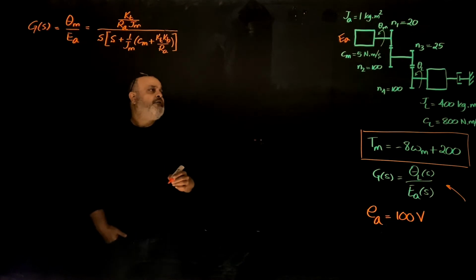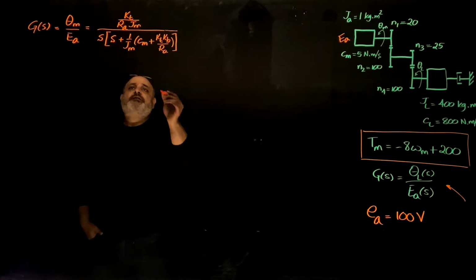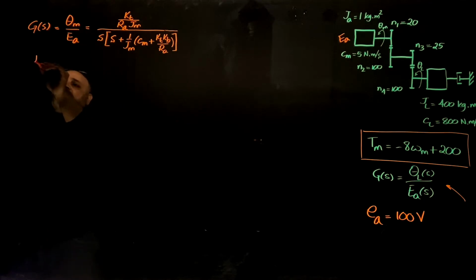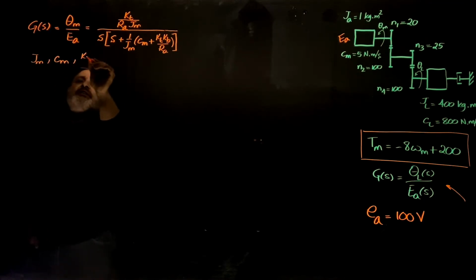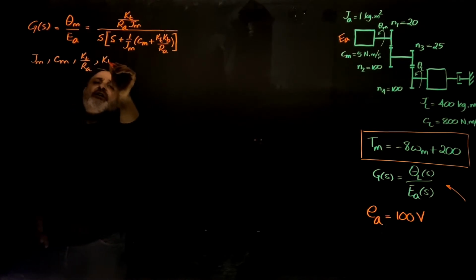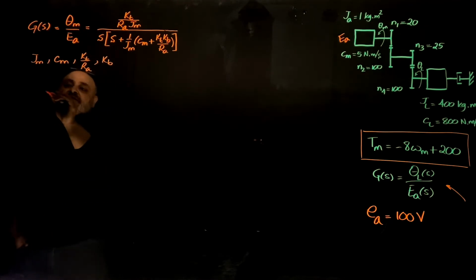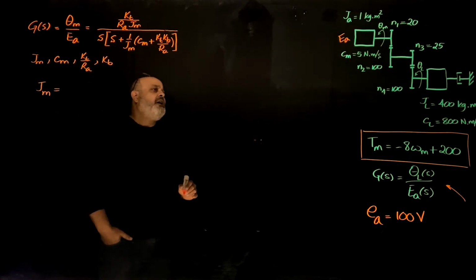So let me find these parameters. I'm going to need again the same things. I need J M, C M, K T divided by R A, and I'm going to need K B. So now let me start with J M, the mass moment of inertia at the motor axis.